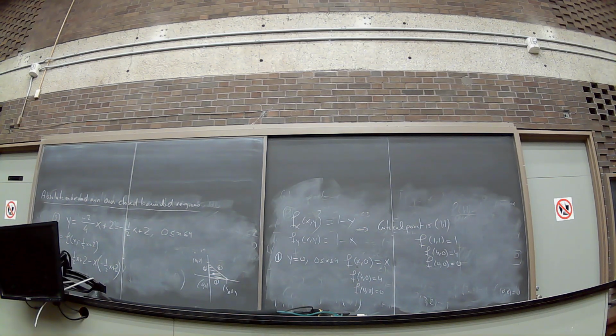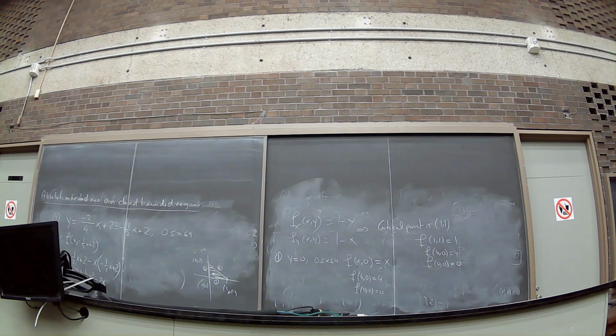So what do you get here? You get 1 half x plus 2 plus 1 half x squared minus 2x. We agree or not? Did I mess this up? Can you do the math? Great.